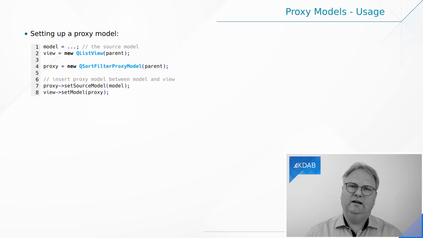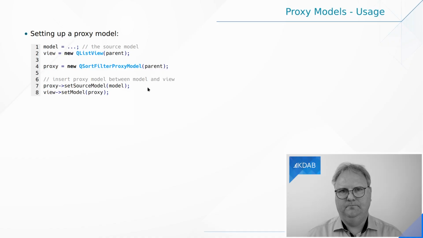But in any case, it needs to answer how many rows do you have, and the proxy model will somehow figure that out and answer that back. And figuring it out will be done by calling the API of QAbstractProxyModel on the model that was given to it using the set source model here in line 7.